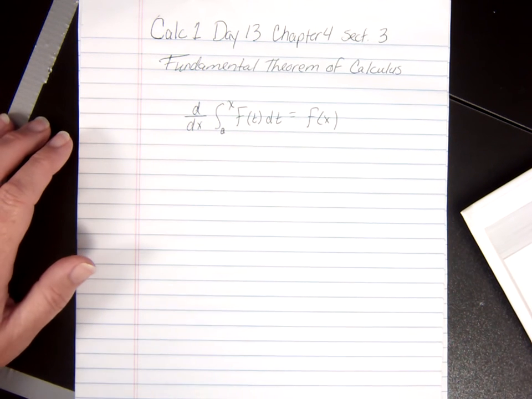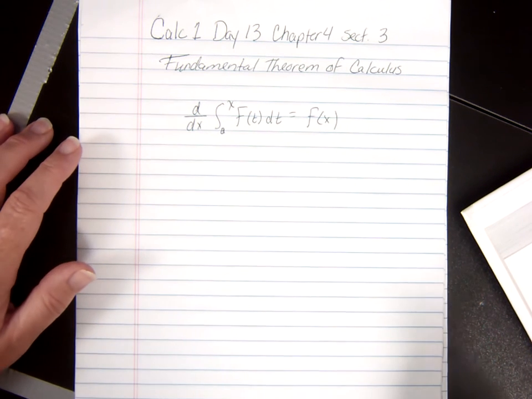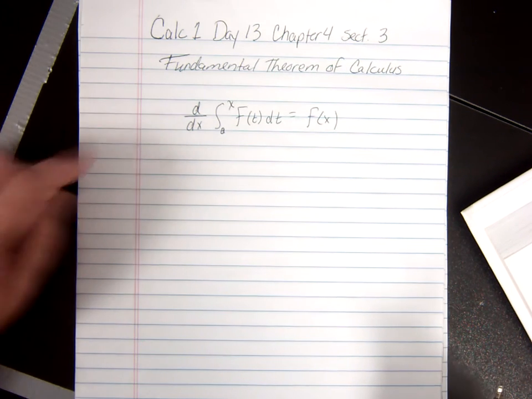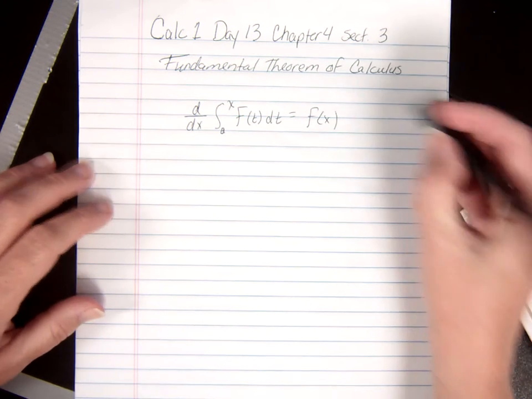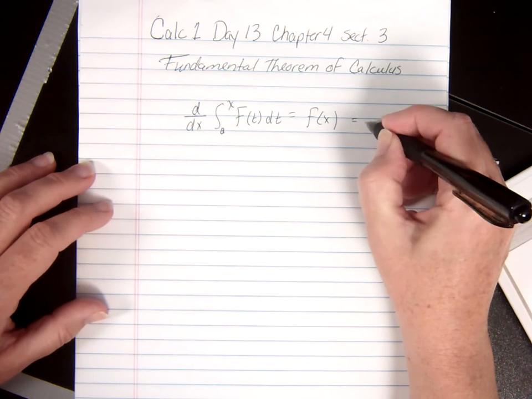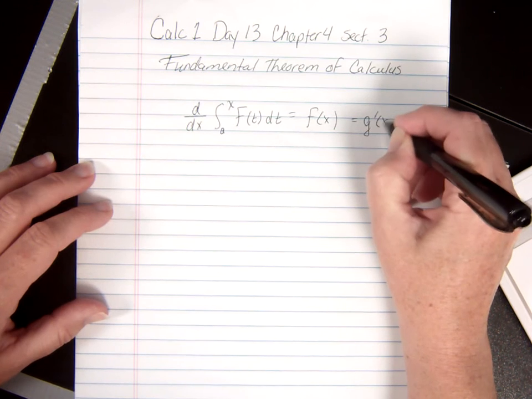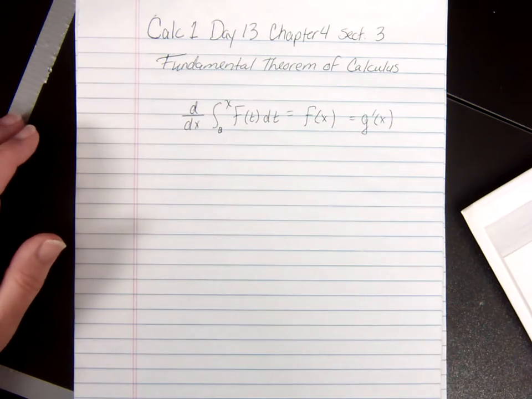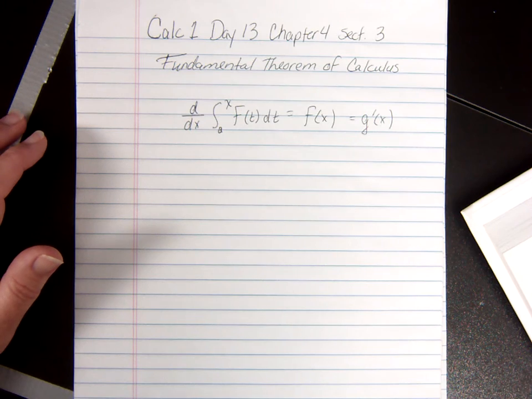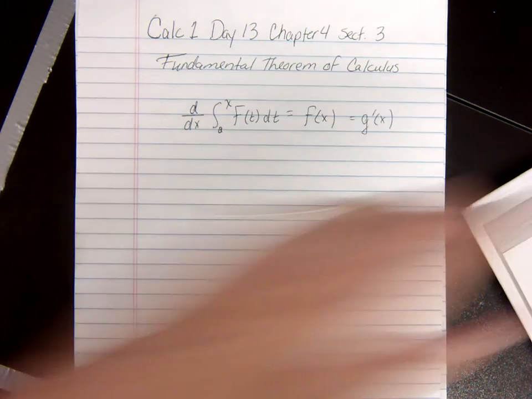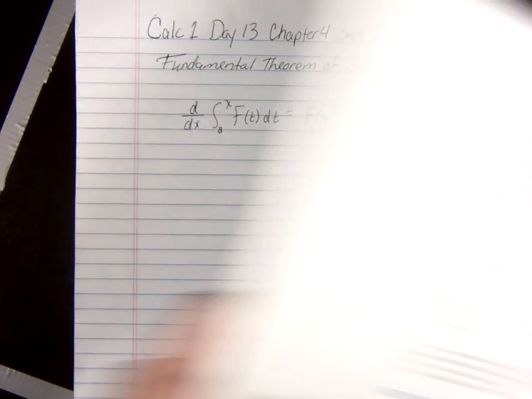So if we differentiate the integral of f of t, we will get f of x, which is g prime of x. So I'm going to go ahead and start with example 4, just briefly.